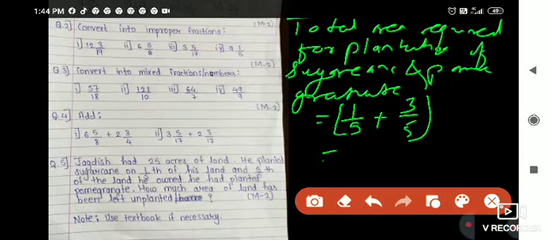If we do the addition of this, we get 4/5. Total land is 25 acres.